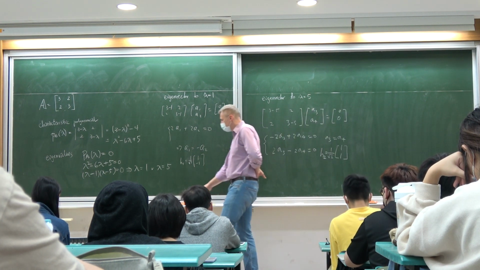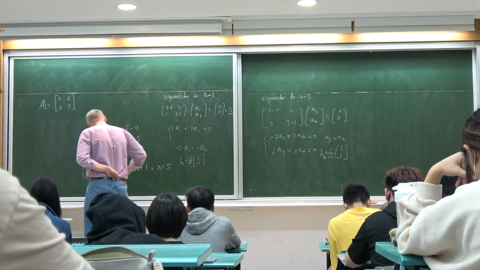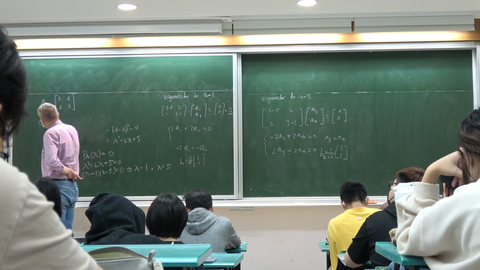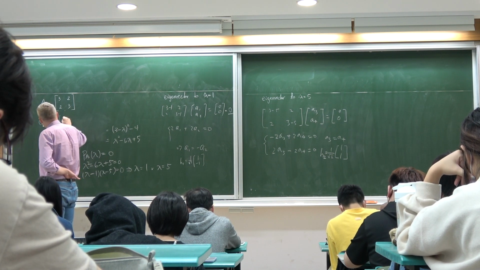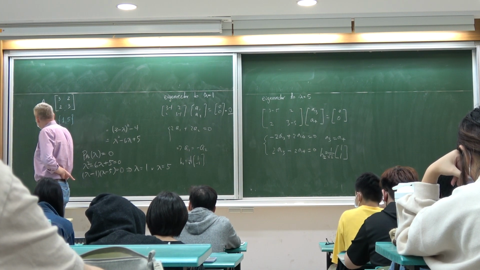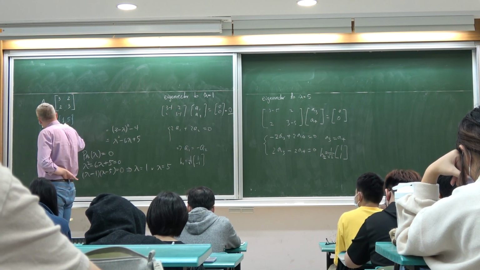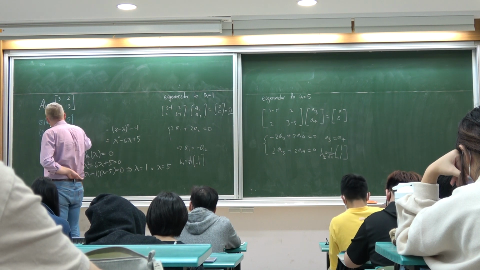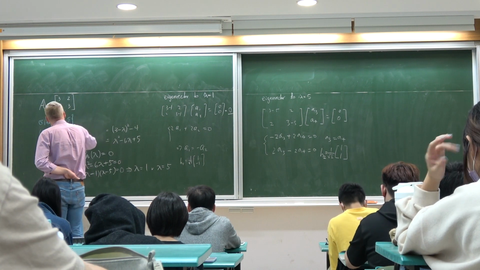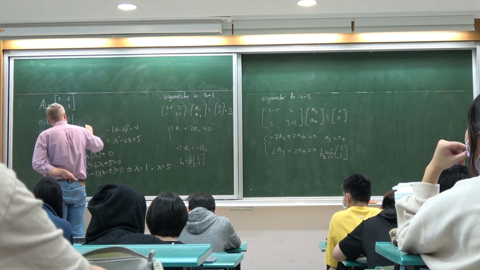So far, we learned the following thing about our matrix. We learned that the spectrum of the matrix consists of two eigenvalues, 1 and 5. And then we found that the first eigenpair is 1 and 1 over square root 2, (1, minus 1).